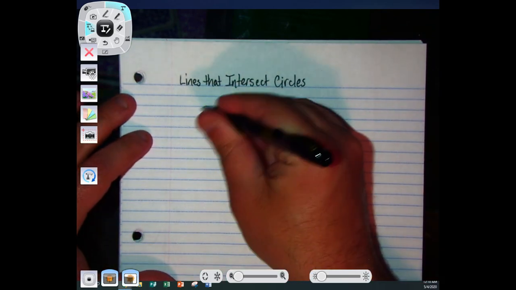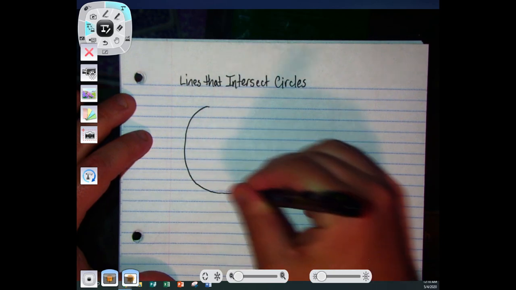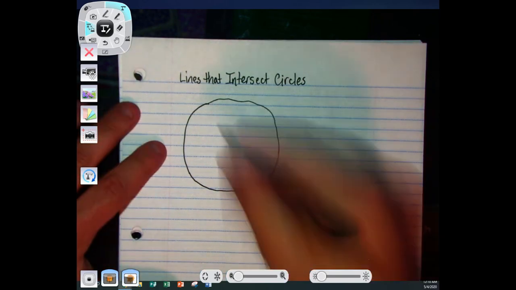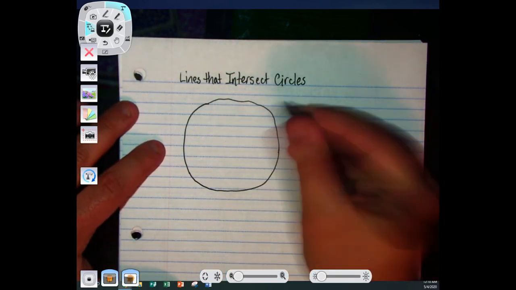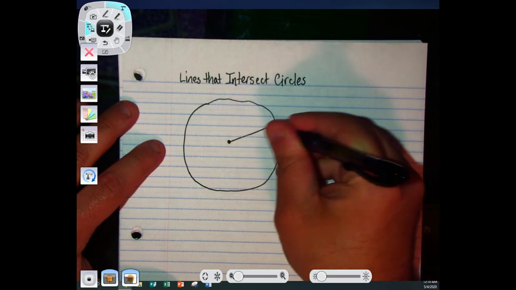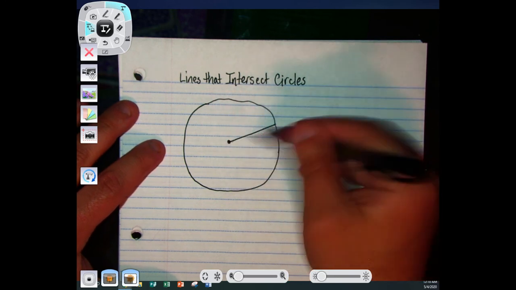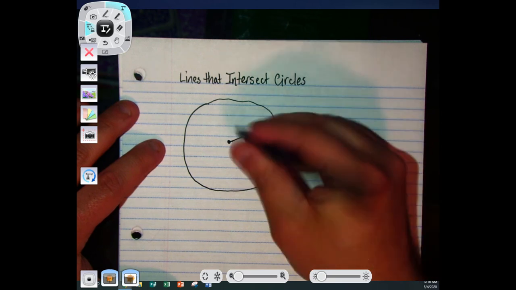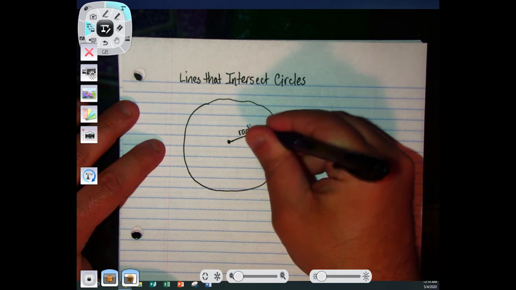So when we sketch a circle, so here's my horrible circle that I freehanded. We know that the center of the circle here, if I sketch a line that goes from the center of the circle to the circle itself, this is referred to as the radius.